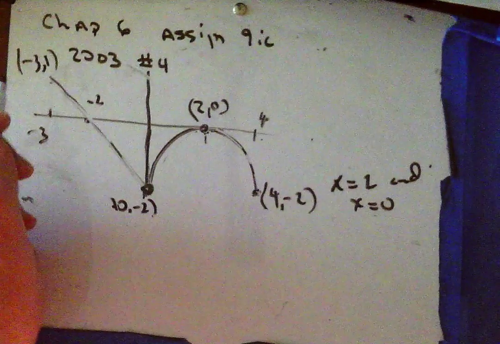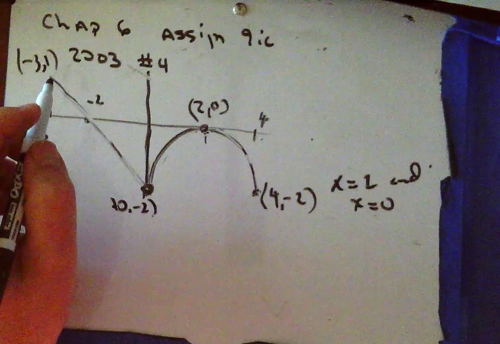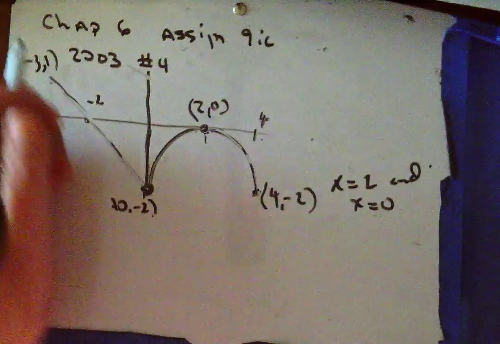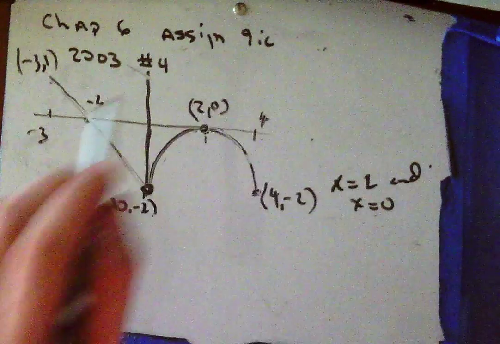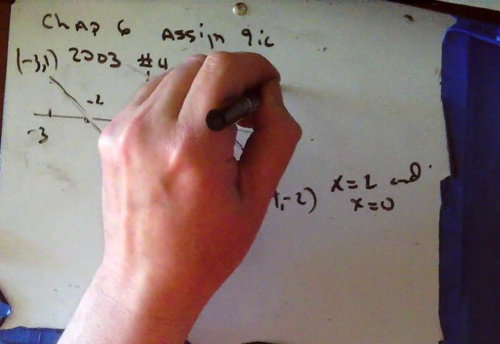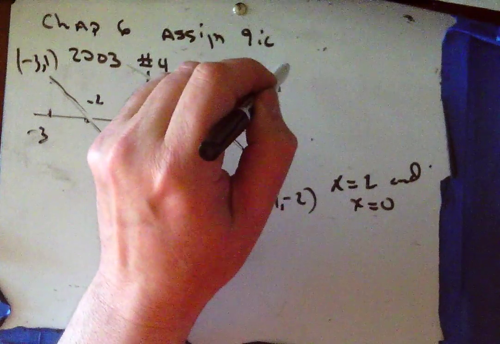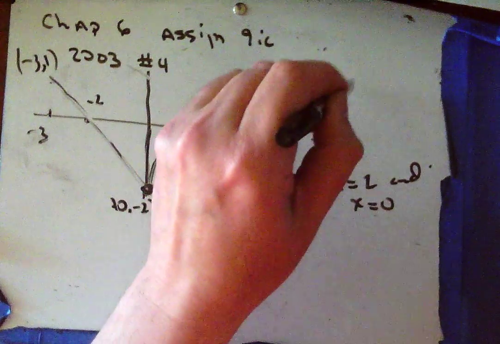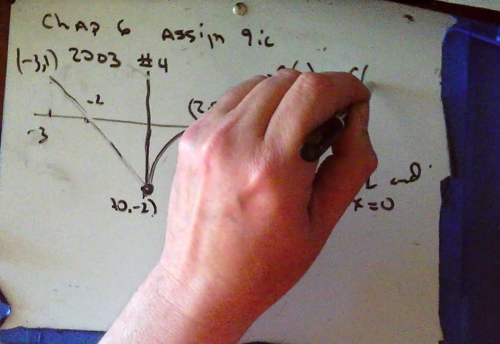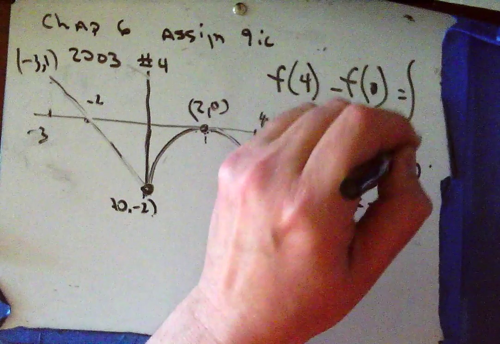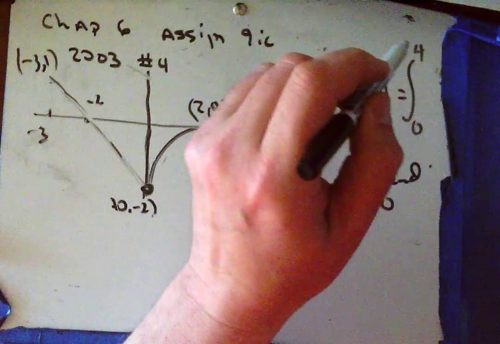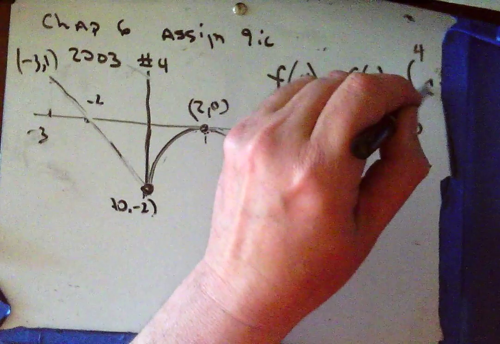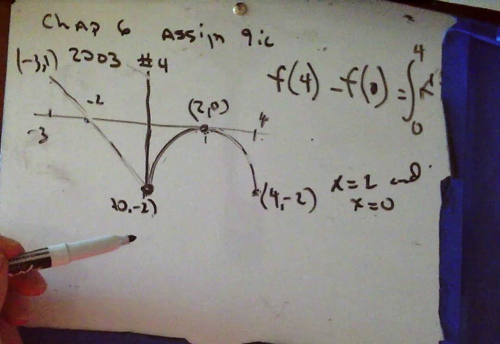Okay, and then the last one, find f of 3 and f of 4. Okay, now this is your FTC2 question. So I want to say that f of 4 minus f of 0 equals the integral from 0 to 4 of this f prime graph.